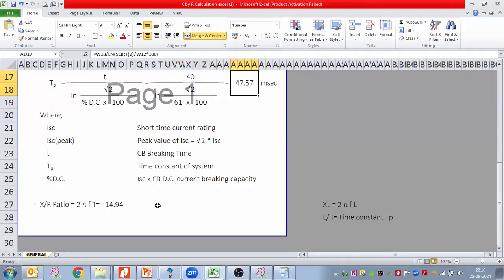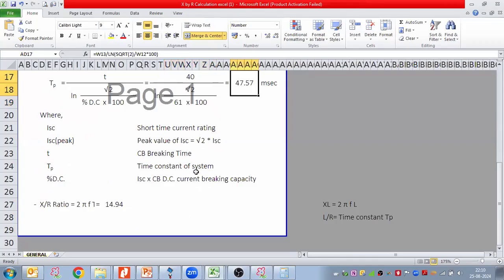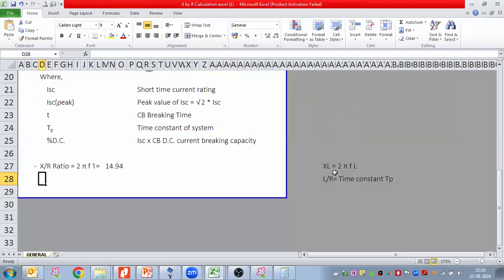Now we have this 47.5 millisecond, and X by R we can rewrite with X equals 2 pi FL, that is XL equals 2 pi FL.